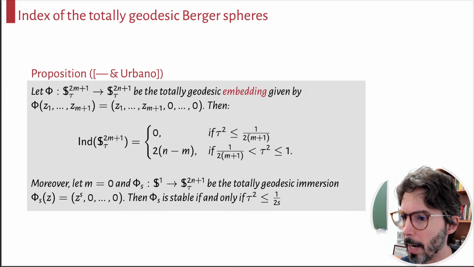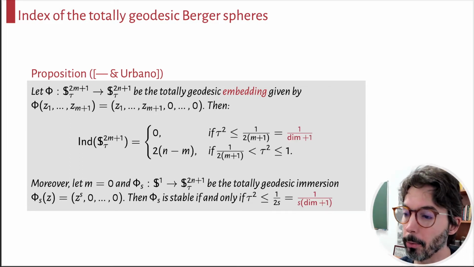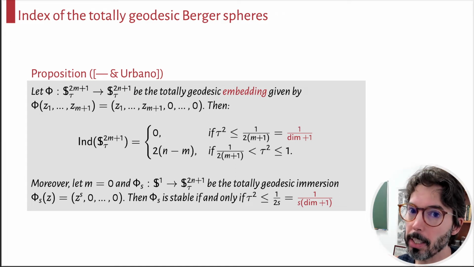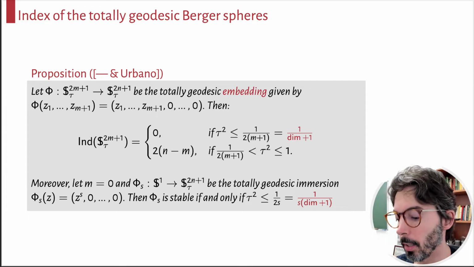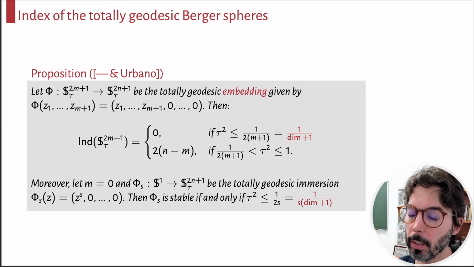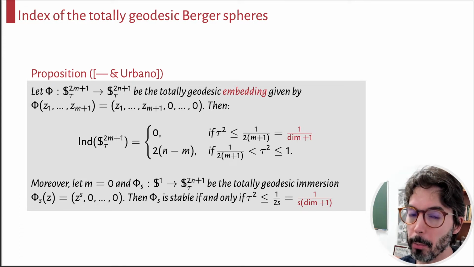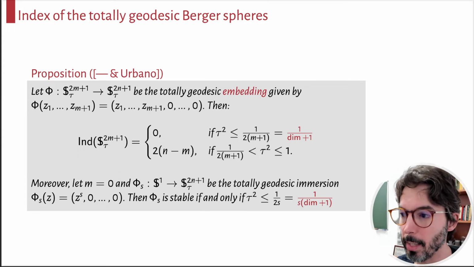I would like to highlight that these two special values for which the index is 0, that is, our immersion is stable, is something that does not happen in the standard sphere. In the standard sphere, every compact minimal submanifold is always unstable.